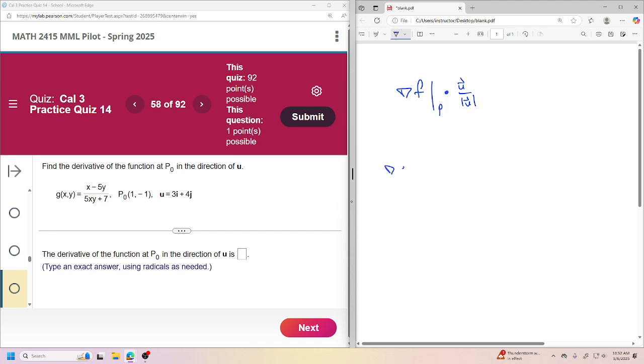Okay, so yeah, grad G. Derivative in terms of x. So, low d high, and then minus high d low, divided by the square of what's below.